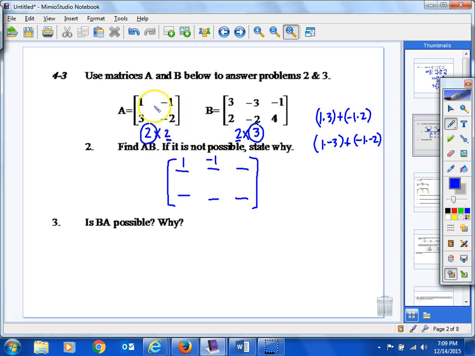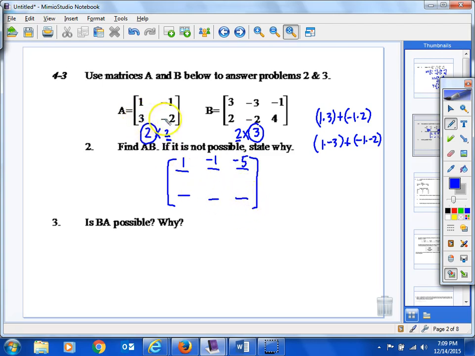Okay, now let's see if we can just do these mentally. So for row 1, column 3, use row 1 times column 3. 1 times -1, that's -1, plus -1 times 4. So -1 plus -4 is -5.